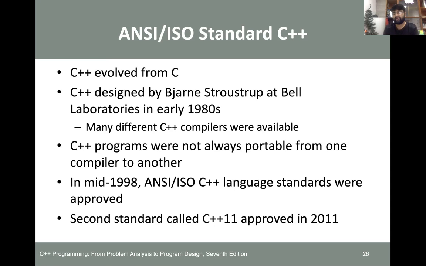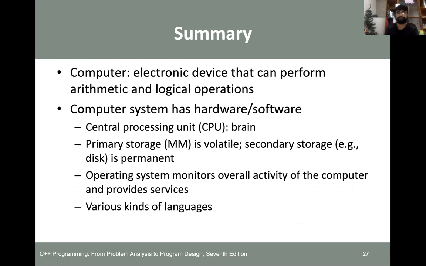The problem here was there was no standard C++ available. But in mid-1998, ANSI ISO C++ language standards were approved. And the second standard that followed up, which is called C++11, which is one of the more famous ones these days, was approved in 2011. And this is the history of the ANSI ISO standard C++. Now we have got a standard C++11 language, which is available for us to use.